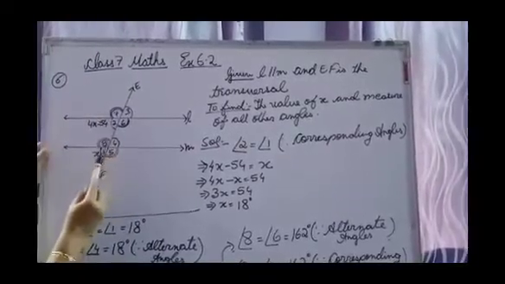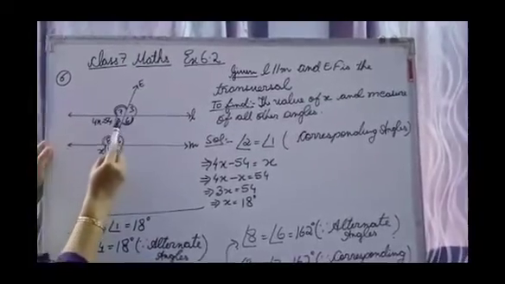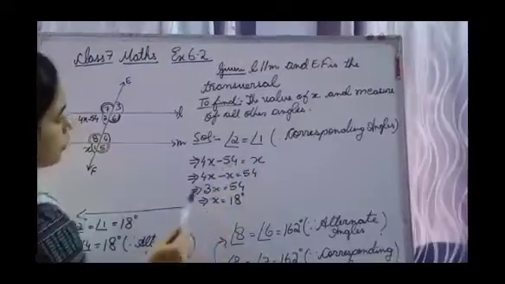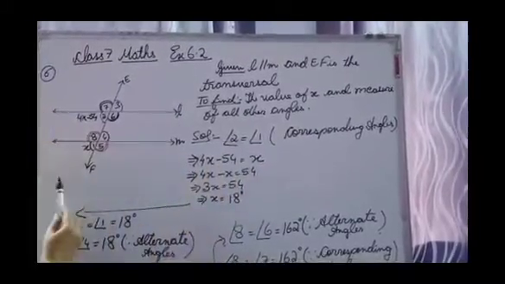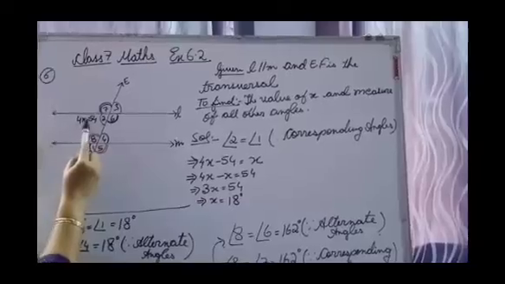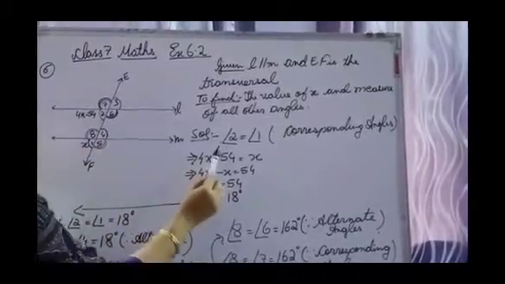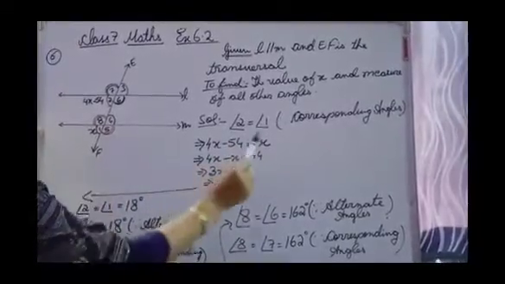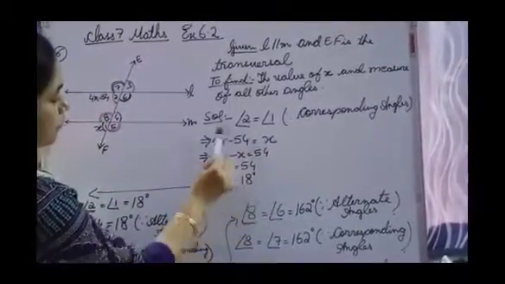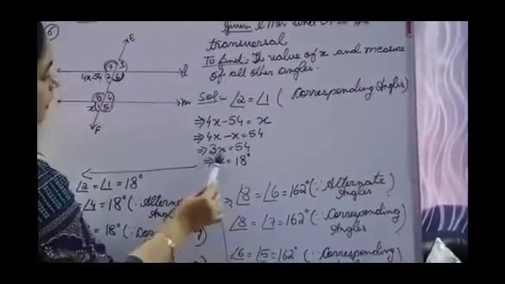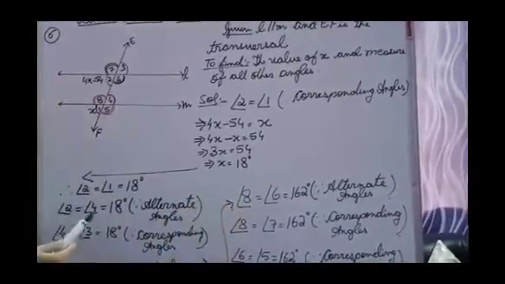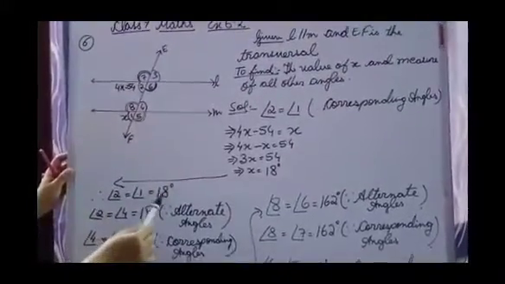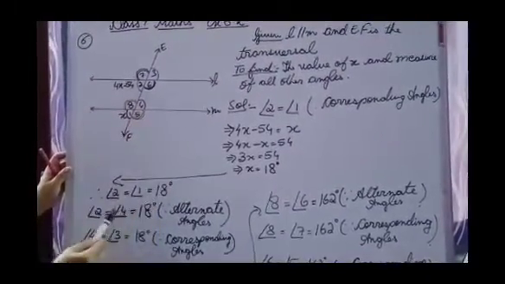So, I can write that angle 1 is equal to angle 2, or angle 2 is equal to angle 1, since corresponding angles. Now, what is the measurement of angle 2? 4x minus 54. So, this is also already given. Again, angle 1 is equal to angle x, already given. So, when I solve this problem, I will get that x is equal to 18 degrees. Now, since angle 2 is equal to angle 1, both these angles are equal to 18 degrees.